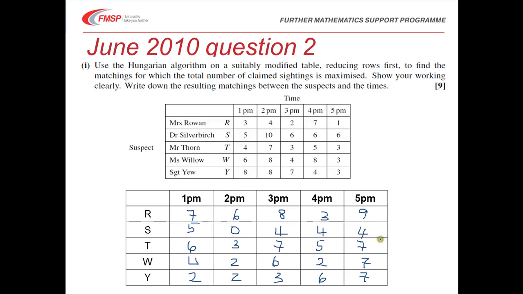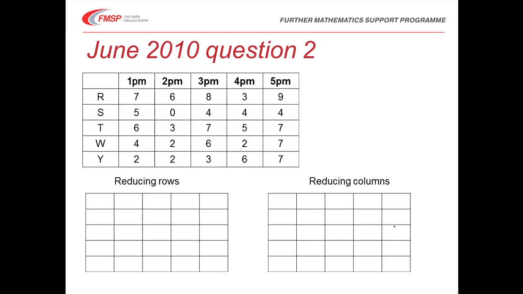It then says we've got to reduce rows first. You're not always told the order in which to do things, but when you are, you must do it that way. So let's have a look. So this is our table. I've just copied that table onto this slide. Notice that I haven't got the labels anymore, so I've just got a 5 by 5 table here. So we're going to reduce rows first.